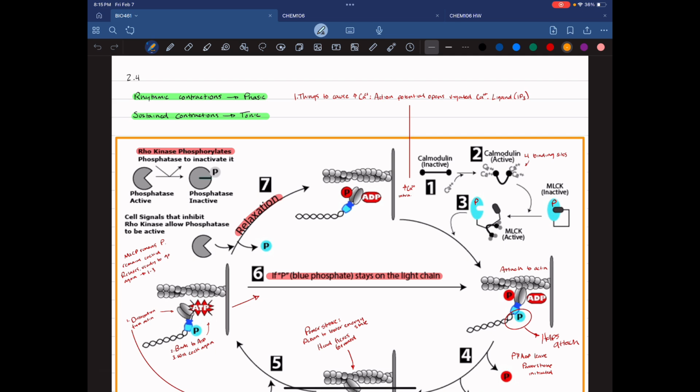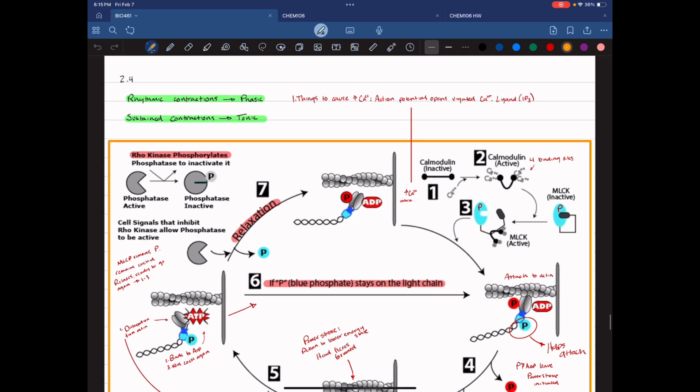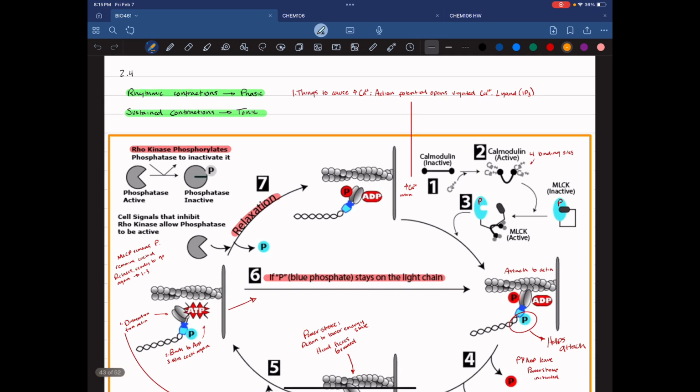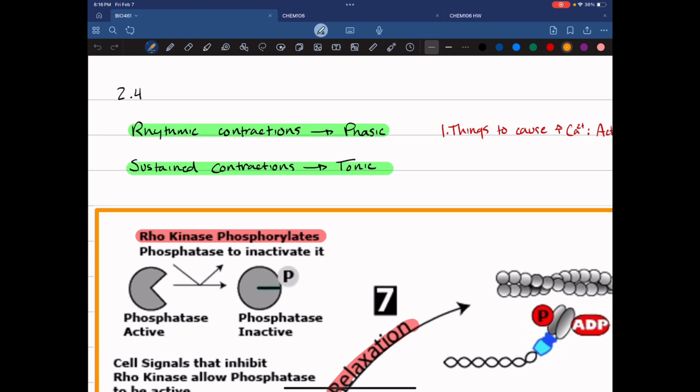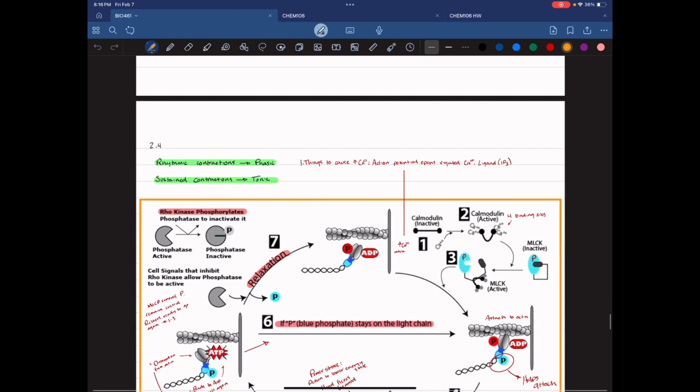I'm going to pull it up on the iPad because it's pretty tedious, and it's better if we can look at this chart that I already have drawn up. There are two types of smooth muscle contraction: phasic, which is rhythmic contractions, and tonic, which is sustained contractions.